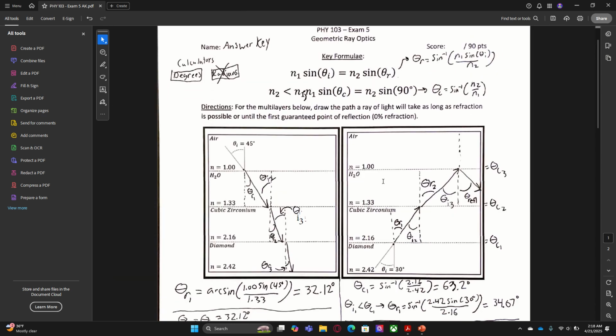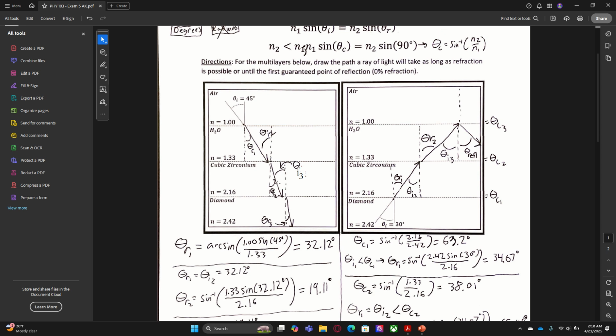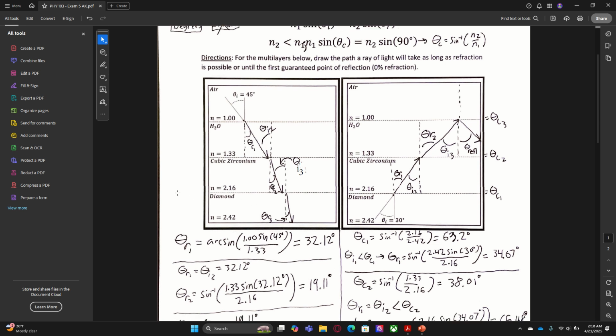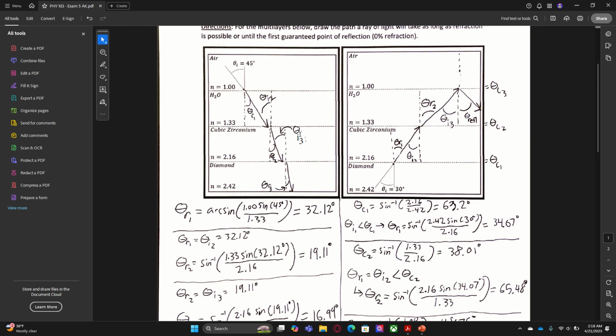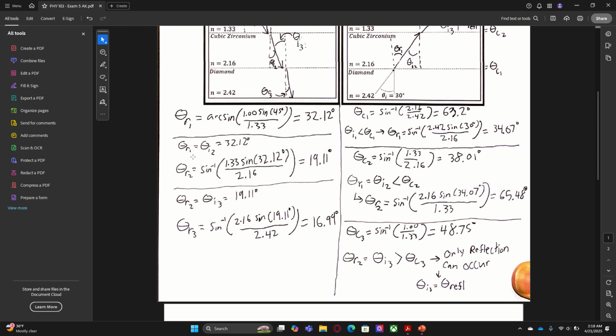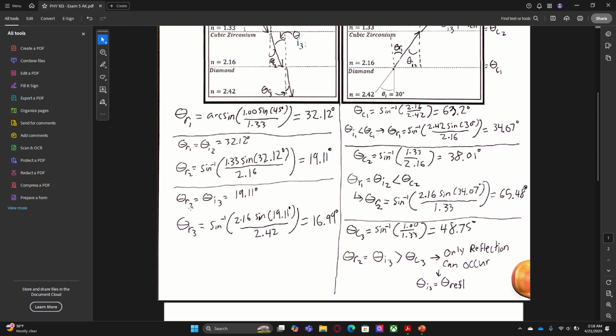So our prior calculated theta R2 is our new incident angle theta I3, the incident angle as our ray approaches this diamond layer. Since the refractive index is increasing from the current layer to the next layer, we're going to assume that we're refracting, and we're going to calculate theta R3 based off of theta I3. And theta R2 is just what we use to equal theta I3, or 19.11 degrees.